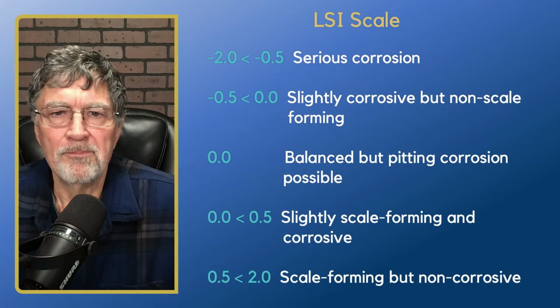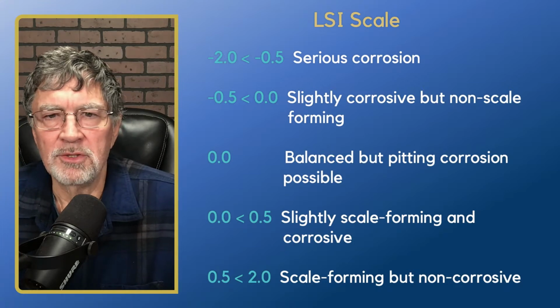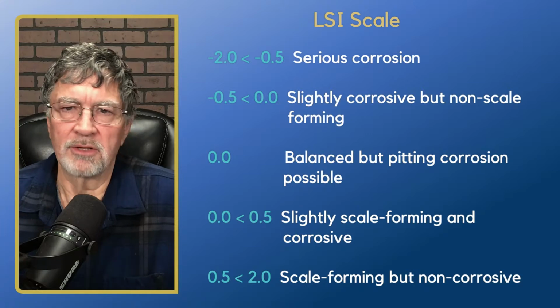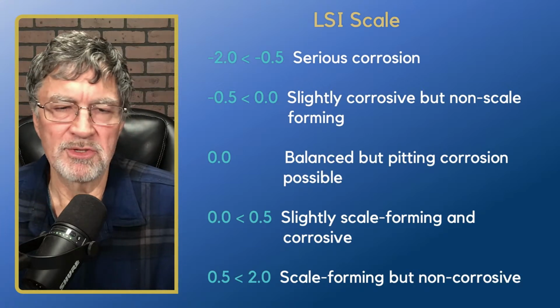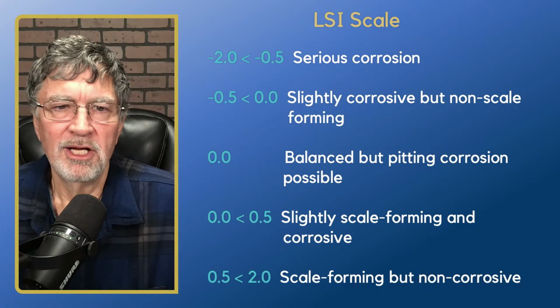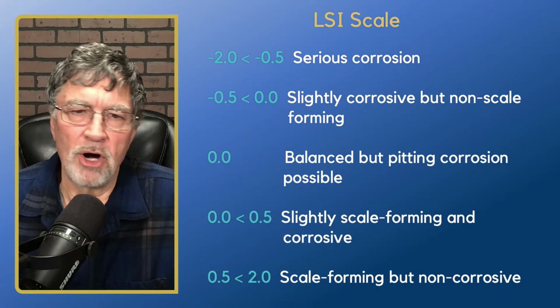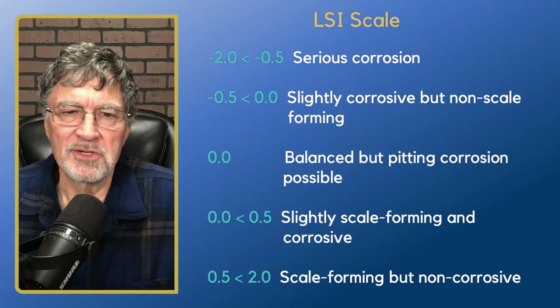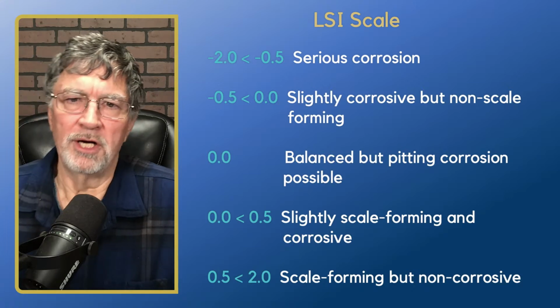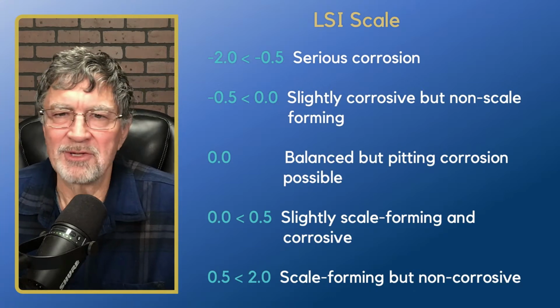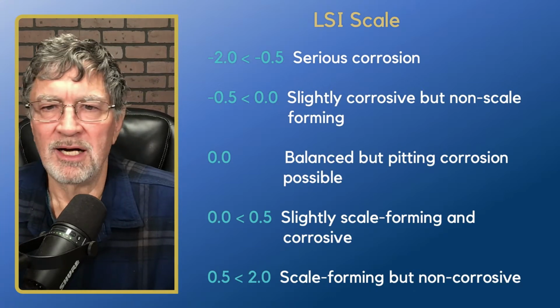So if you go from -2 to -5, you have the potential for serious corrosion. Now, this is based on the assumption that removing calcium carbonate scaling, even a small amount of scaling, is not protective for the steel in the well. So you'll see these scales online, and I actually pulled this from somewhere.